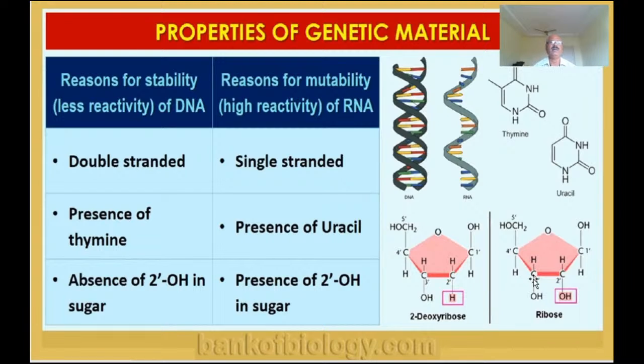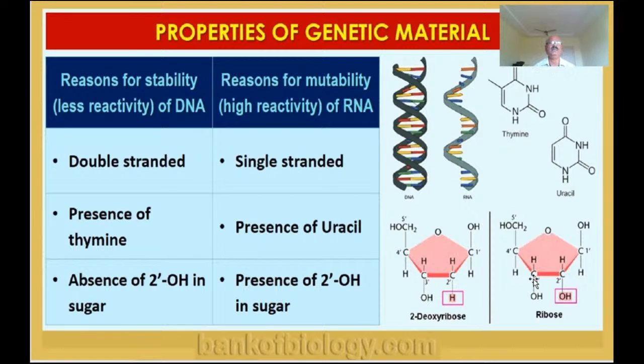Absence of 2'OH in sugar, that means hydroxyl in sugar. Presence of 2'OH in sugar. That's why in DNA the sugar is called deoxyribose sugar, whereas in RNA the sugar is called ribose sugar.